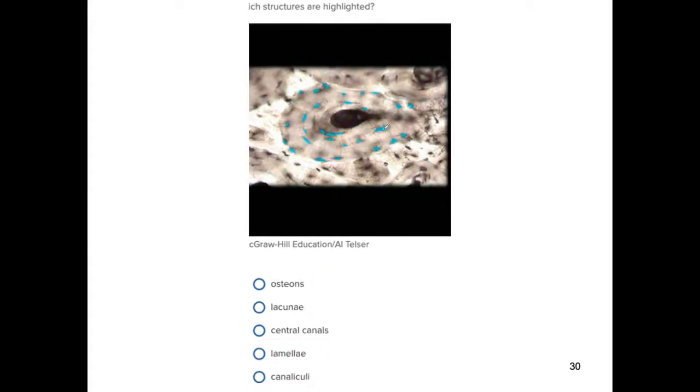So here, what's the highlighted section in blue? That's going to be the lacunae. Again, this is the central canal. Here you can see a little bit better the canaliculi. That's these little finger-like branches, spider web-like legs coming off of all of those osteocytes.